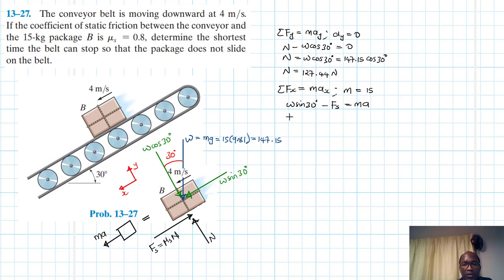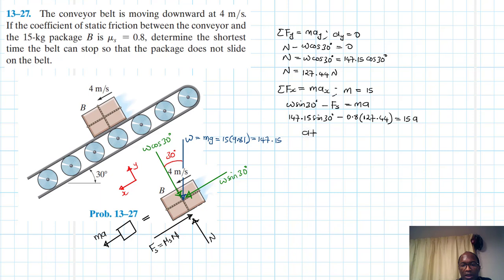We have our W calculated as 147.15 sine 30 minus Fs, which is mu s, 0.8, times N, and our N is 127.44. And this is just going to be equal to 15 a.